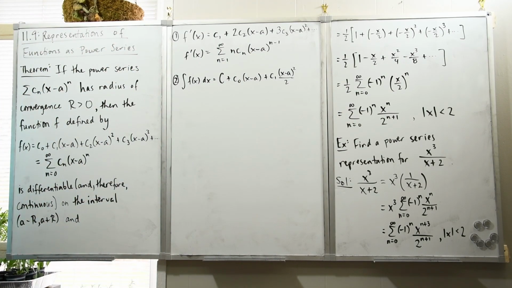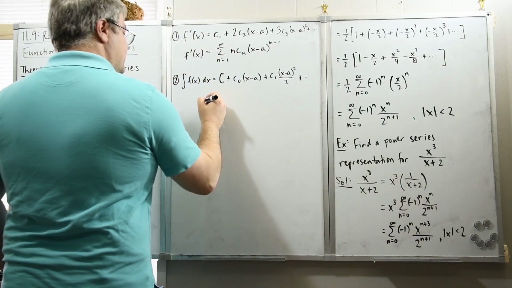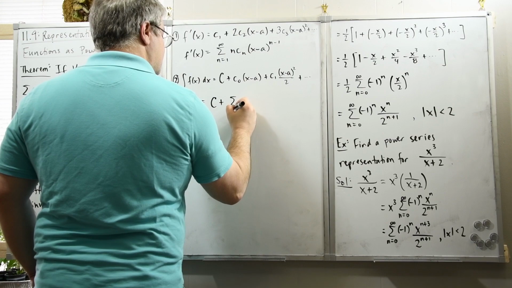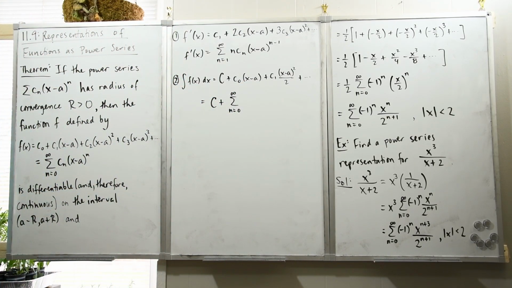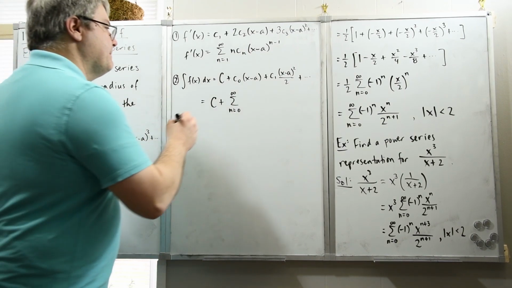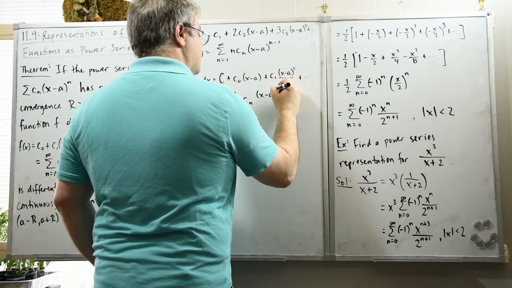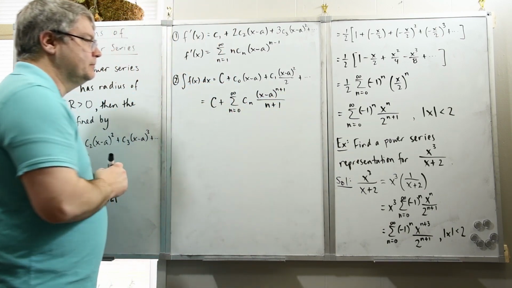We would have a c sub 2 times the cube of x minus a divided by 3, and so forth. And so if you take a look at that, you have a c plus the summation n equals 0 to infinity of c sub n times x minus a raised to the n plus first power over n plus 1.